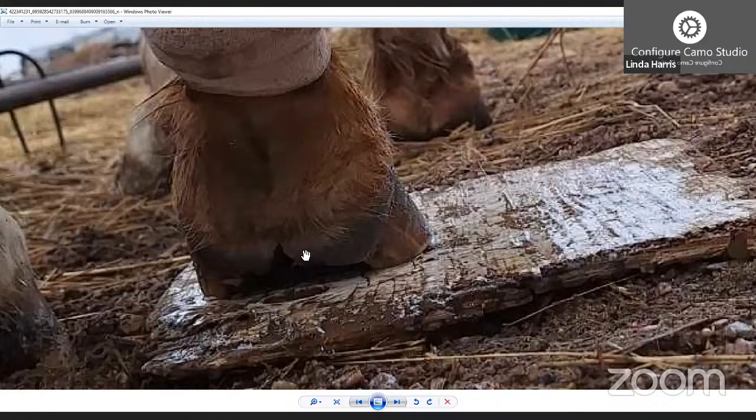This little area here should actually be up here. And this area here would be where the frog stay would grow, which is actually just what grows in the central sulcus. And so this right here is false heel. This is not his real heels.